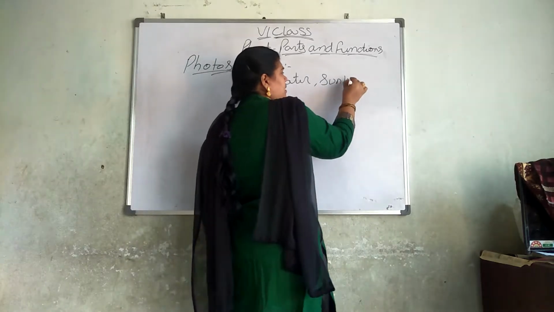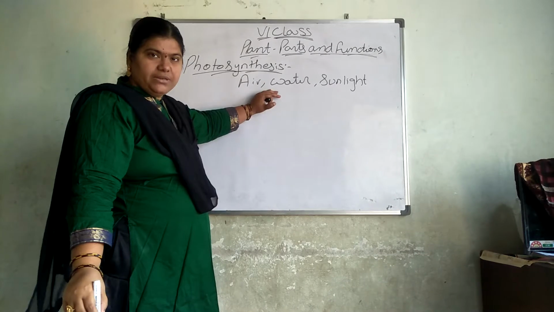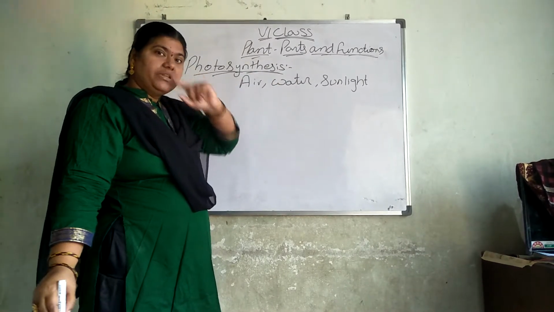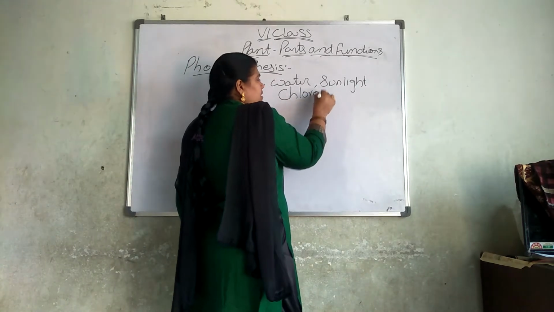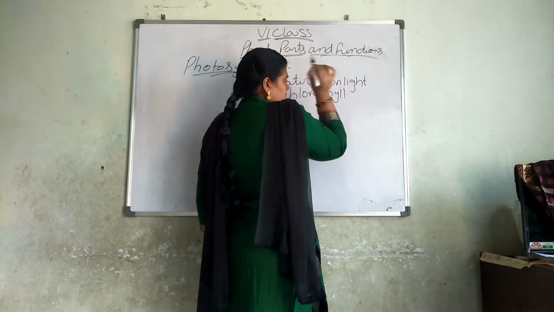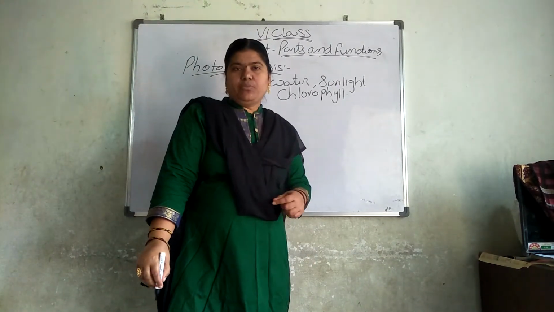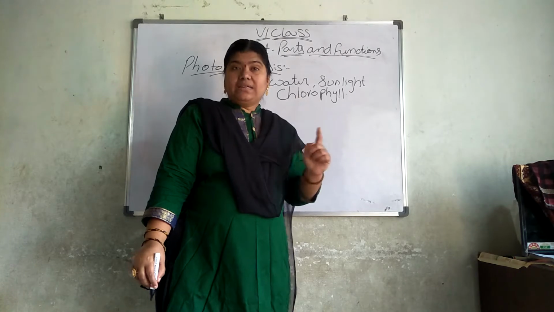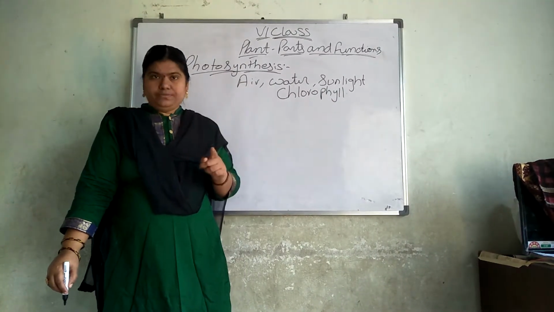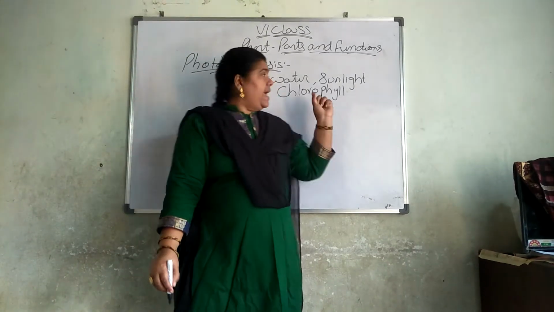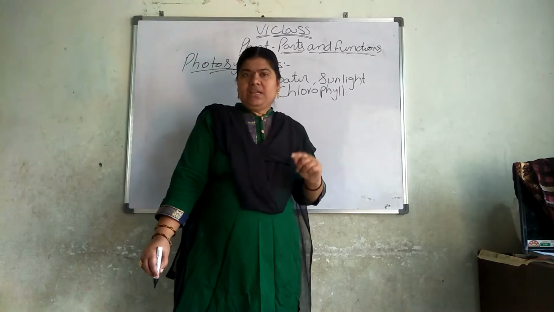The first very important thing is that with these three, something must be there: chlorophyll. The green color pigment is very important. If the plants contain this green color pigment only, they can prepare their food. Did you understand? So, air, water and sunlight, and with this, the chlorophyll is also very important.